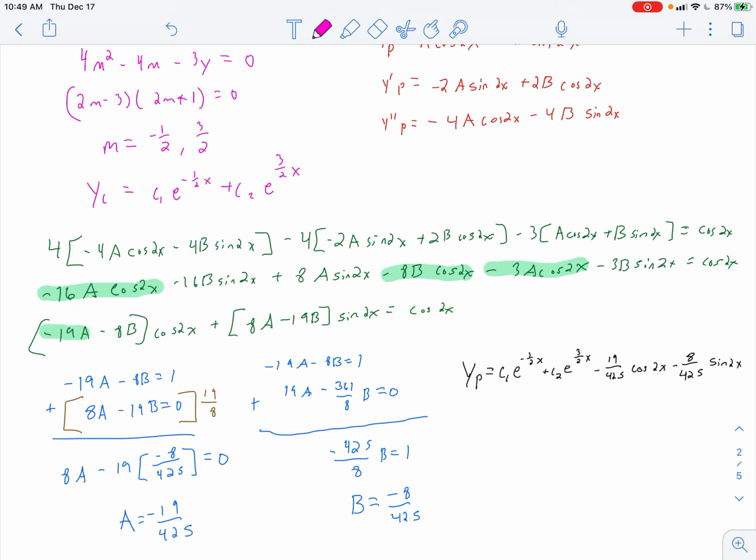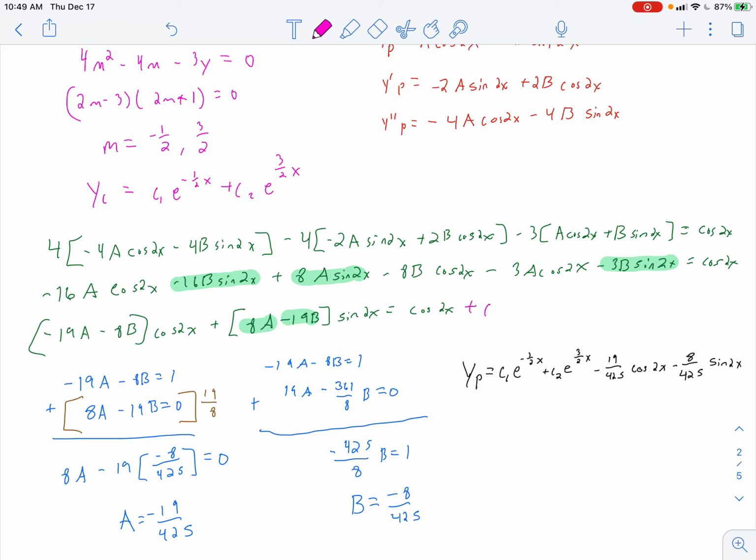We're going to do the same thing with everything with sine of 2x and combine all those together. So negative 16b sine 2x, 8a sine 2x, and negative 3b sine 2x. Combining our b's, we get negative 19b, and there's only one a term, 8a. We set that equal to the coefficient of sine 2x.